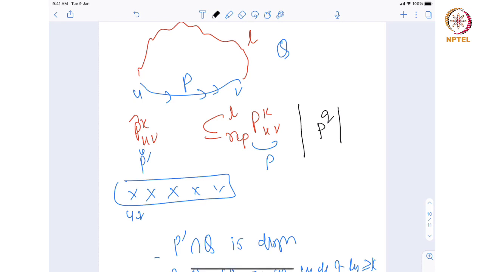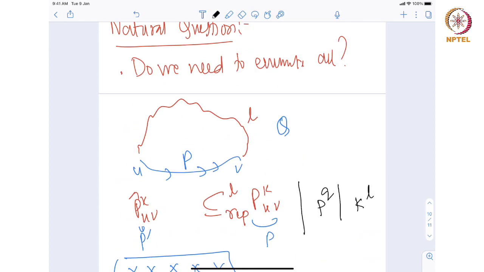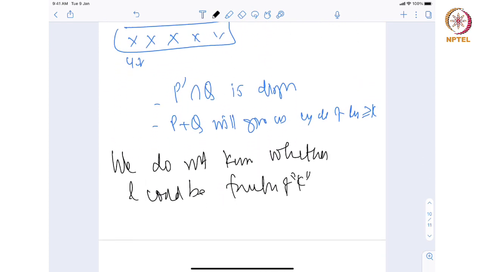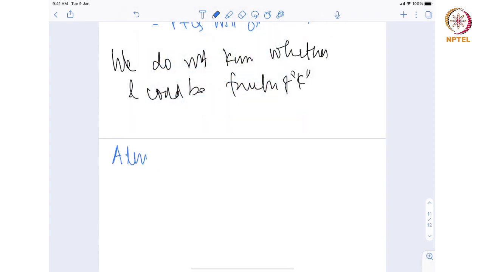Now p is like k, it will be like L. So this is an algorithm we cannot afford. Yes, we need not enumerate every path, but it depends on the length L. So this almost worked, but it did not work.